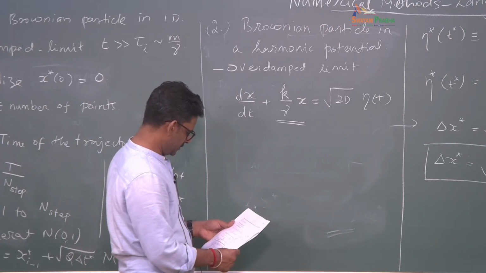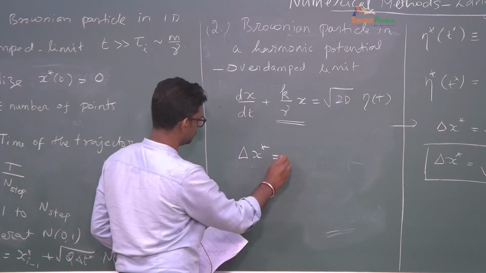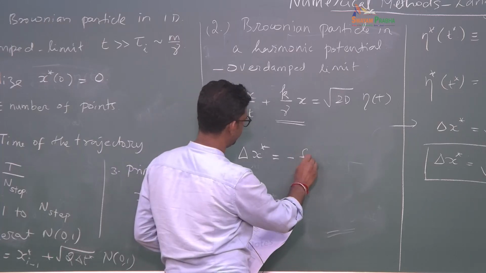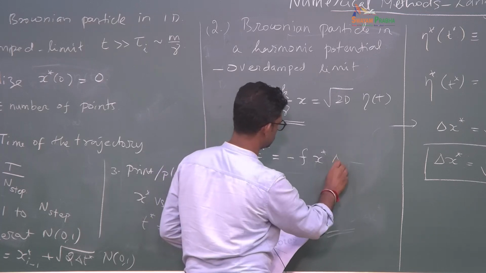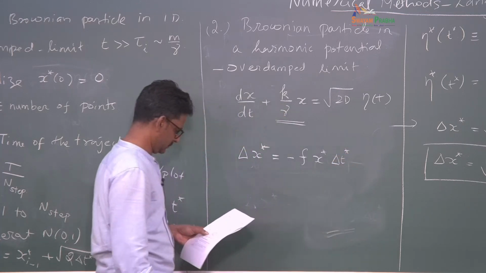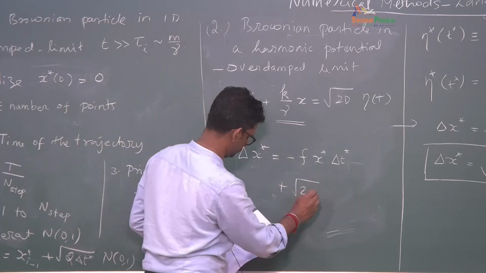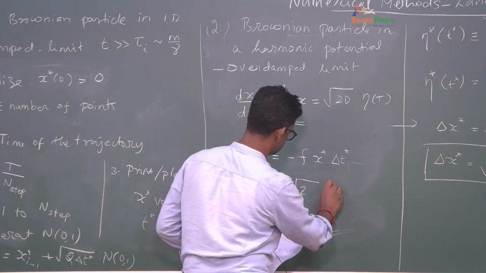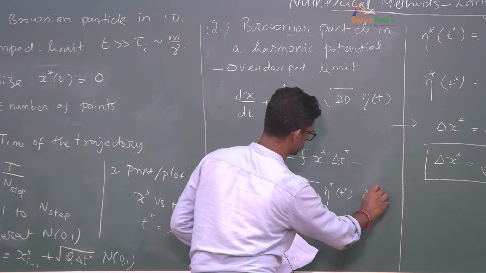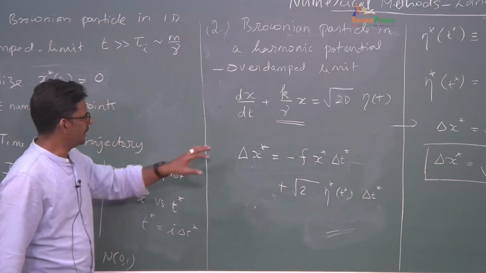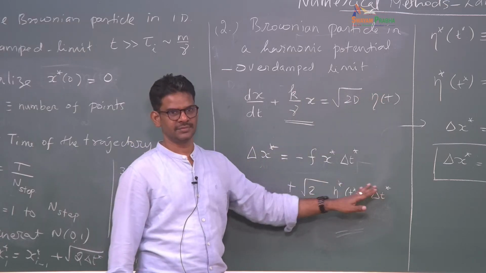After non-dimensionalization, you will see that delta x star is minus f times x star times delta t star, plus a noise term. So we take this equation, apply non-dimensionalization, and write it in a discretized form. This is what you will get.